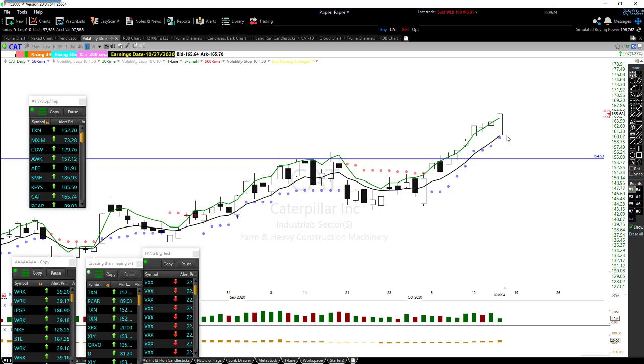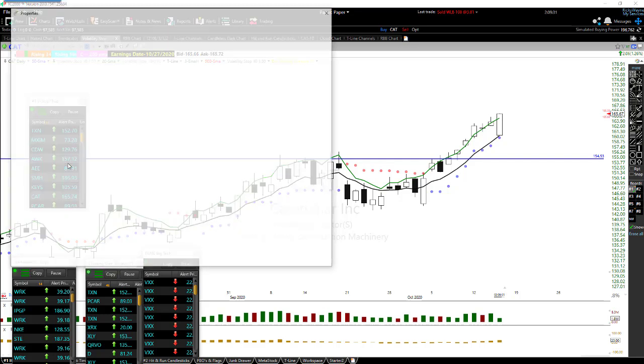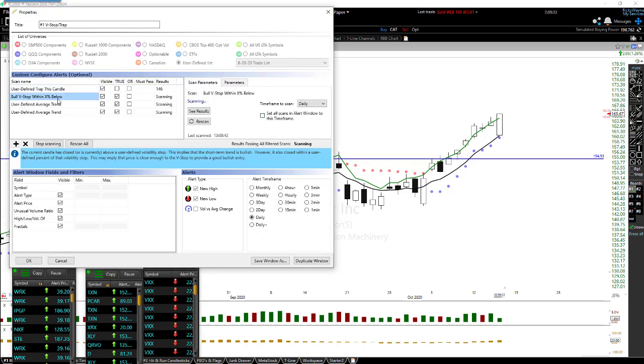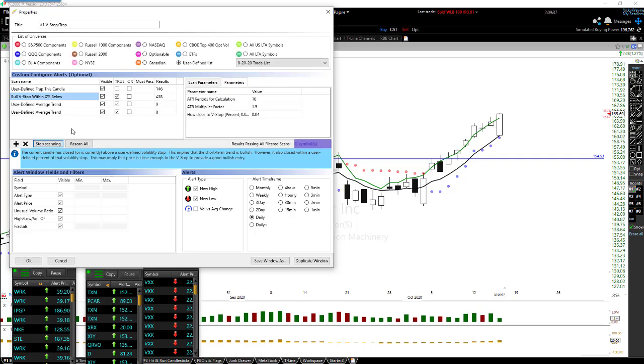I'm looking for charts that are set up in the trap that's within the V-stop. And I think what I'm going to do here is bump this down a little, and that'll slow this thing down. Let's slow it down to 2. Now we're going to have to rescan.